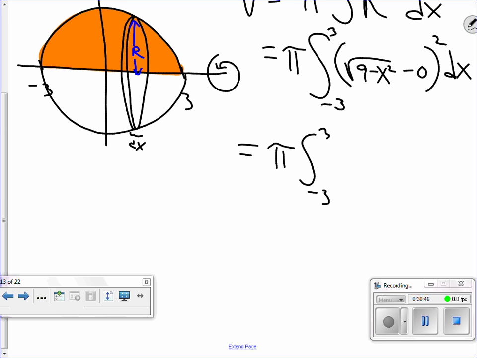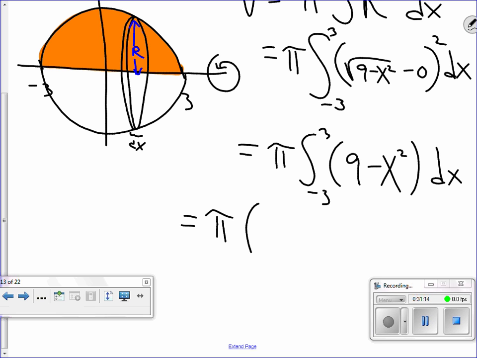That's not too bad. Squaring a square root. That's nothing but fun. So we squared the radius. What's the time to do? Anti-differentiate. That's the word. So what would the antiderivative of 9 minus x squared be?